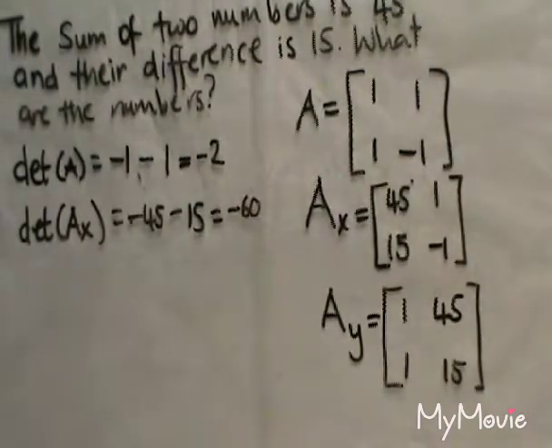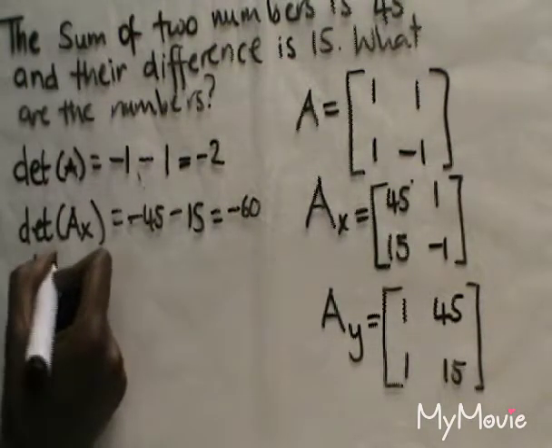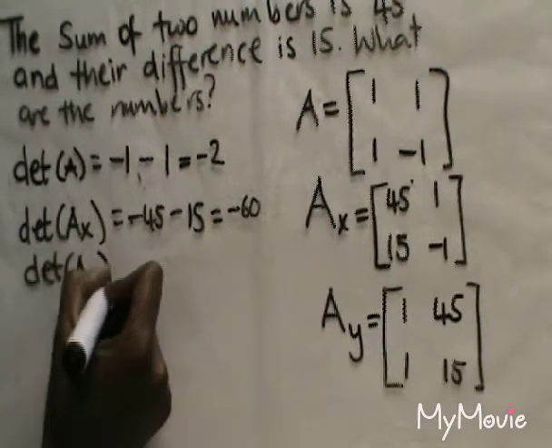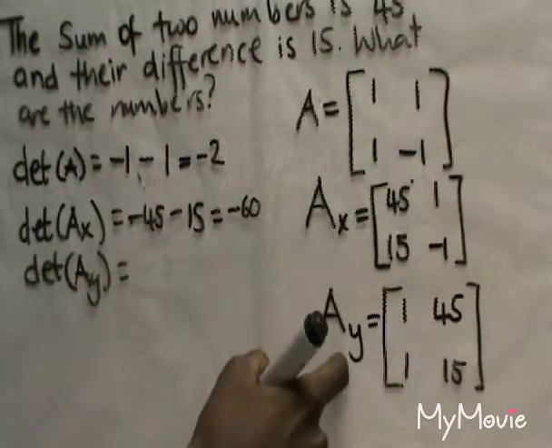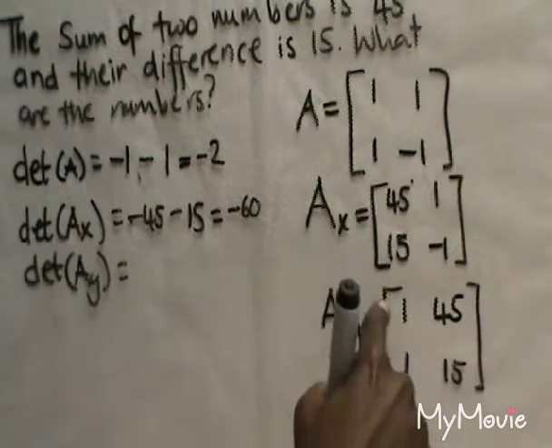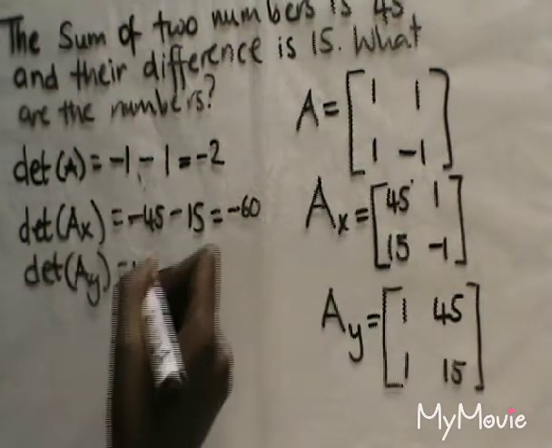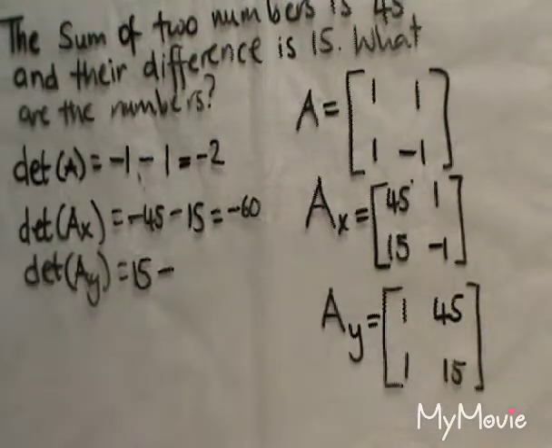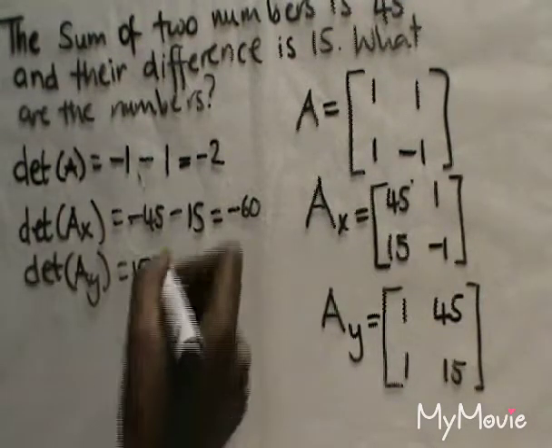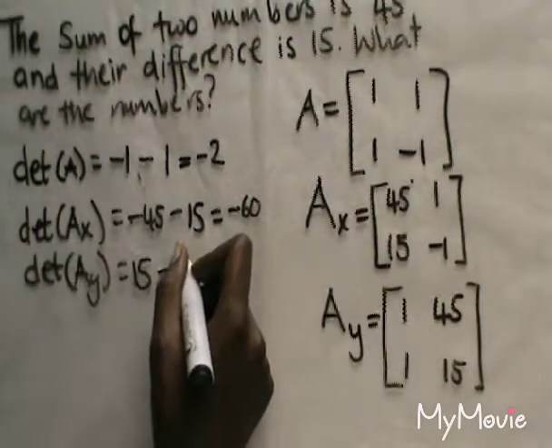Okay, and then the determinant of AY. So I look at this matrix over here, and I take the product of the leading diagonal, which is 15, minus the product of the minor diagonal, and that is what I have.